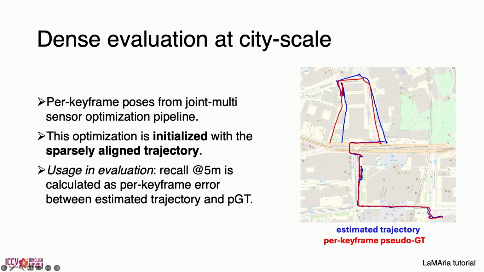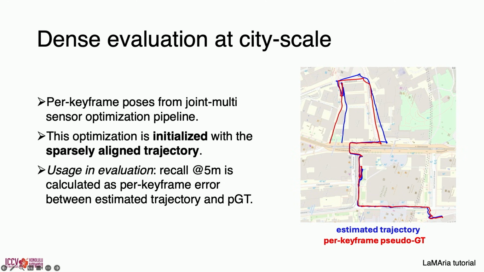Then our second type of evaluation is the dense evaluation, which is over here. As Shaohui discussed in the previous hour, it's a per keyframe poses, which we get from this joint multi-sensor optimization, where we have visual inertial costs as well as control point constraints. How we run this is we initialize this problem with the Aria MPS solution.